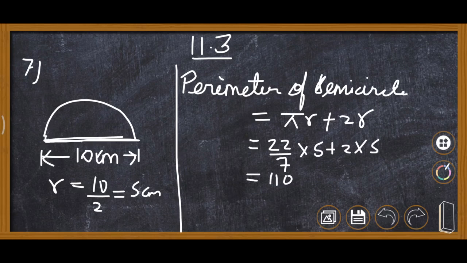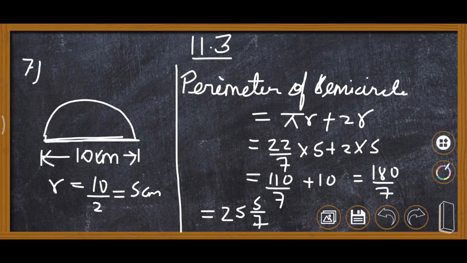It is 110 upon 7 and 2 fives are 10. So 180 upon 7, or if we convert this into whole, then the answer is 7 2s are 14, 7 5s are 35, and then 5 upon 7. So 25 whole 5 upon 7 centimeter.